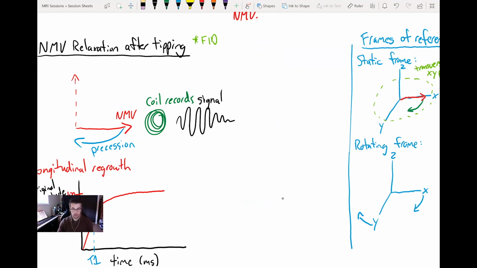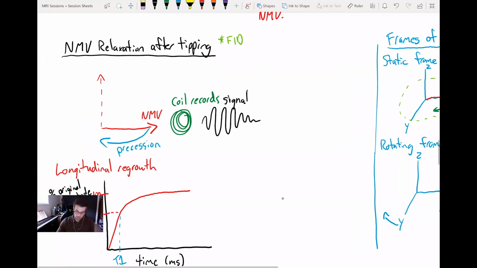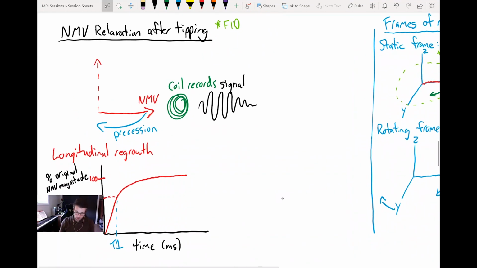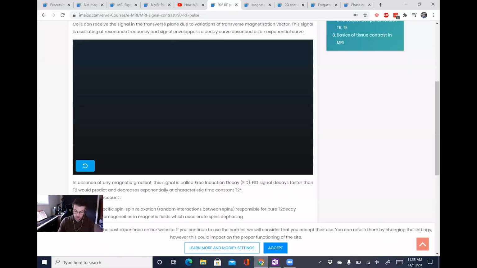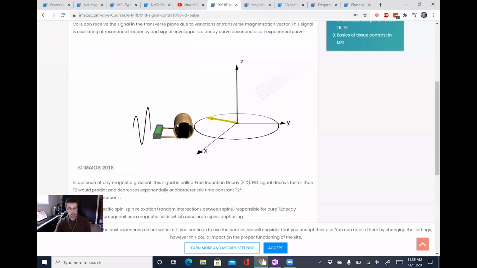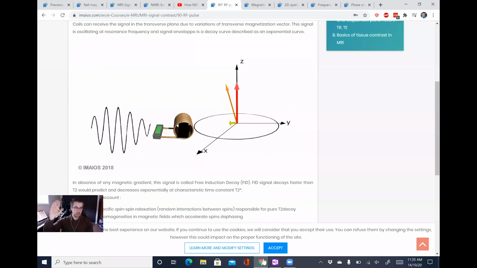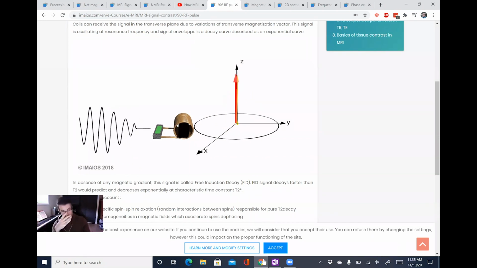Okay, so that's our longitudinal regrowth chart. And let's go back to the animation here to look at the transverse magnetization. So looking back at this NMV example, after tipping, the NMV is completely in the transverse plane, that XY plane, right?